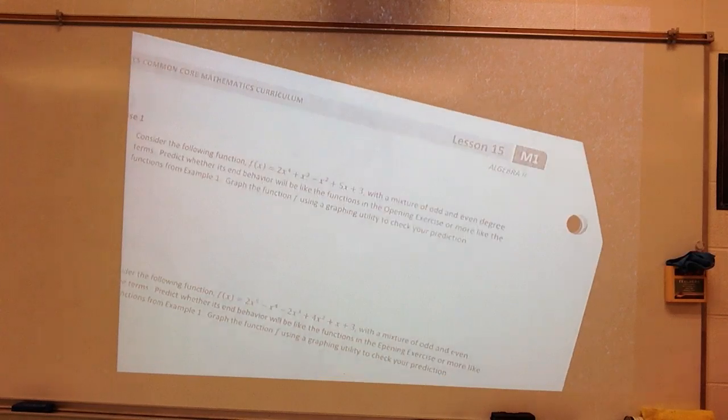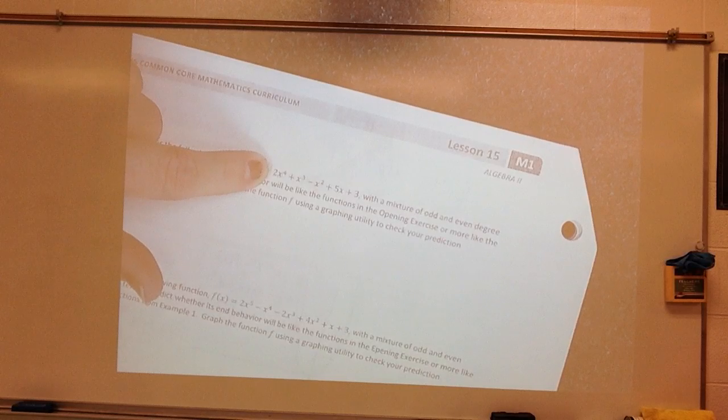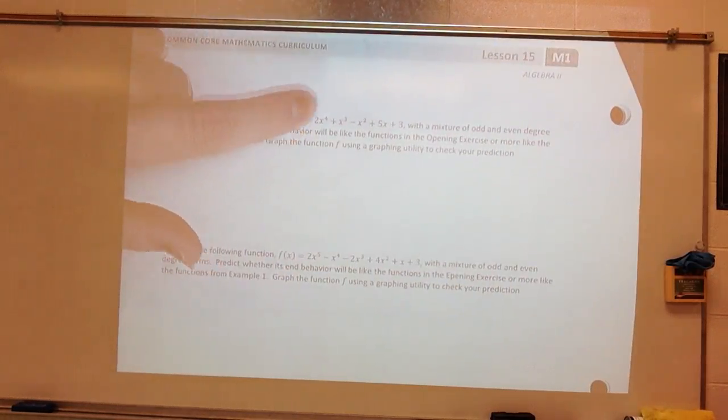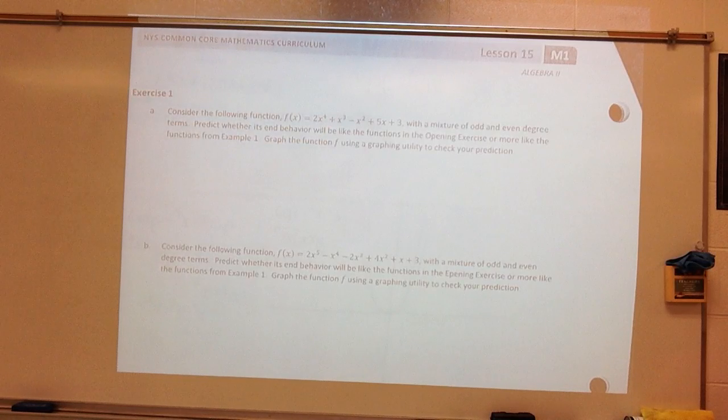So we would look at this and say, okay, we've got a leading coefficient of 2 and it's positive, and it's an even degree function because the highest degree is 4. So I would suspect that it would be more like our first graphs.